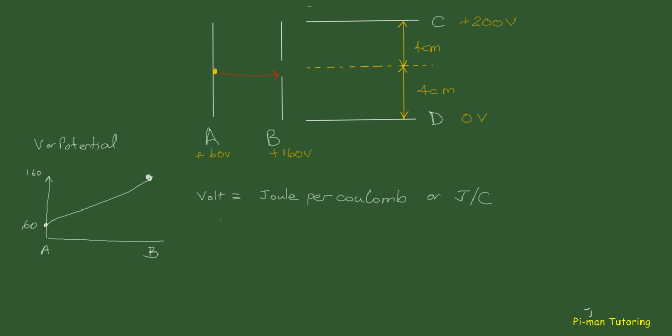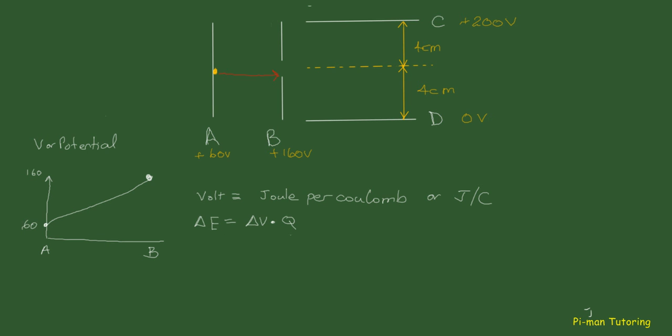we can simply write that the change in energy is equal to the change in voltage, or the change in potential, multiplied by the amount of charge that we're moving. Remember, if the charge is 1, then the change in energy will just be the same as the change in voltage, but converted into joules.